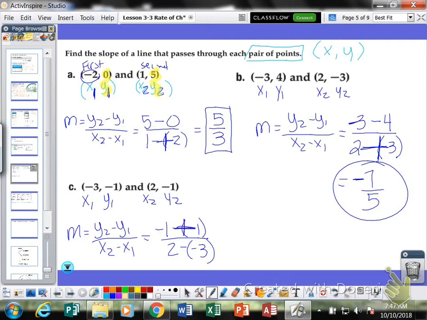Negative 1 minus a negative becomes negative 1 plus 1, which is 0, over 2 minus a negative becomes 2 plus 3, which is 5, which is equal to 0. We can have 0 in our numerator. That is allowed. We cannot have 0 in the denominator. And if you ever try to divide by 0, you will see that it doesn't work.